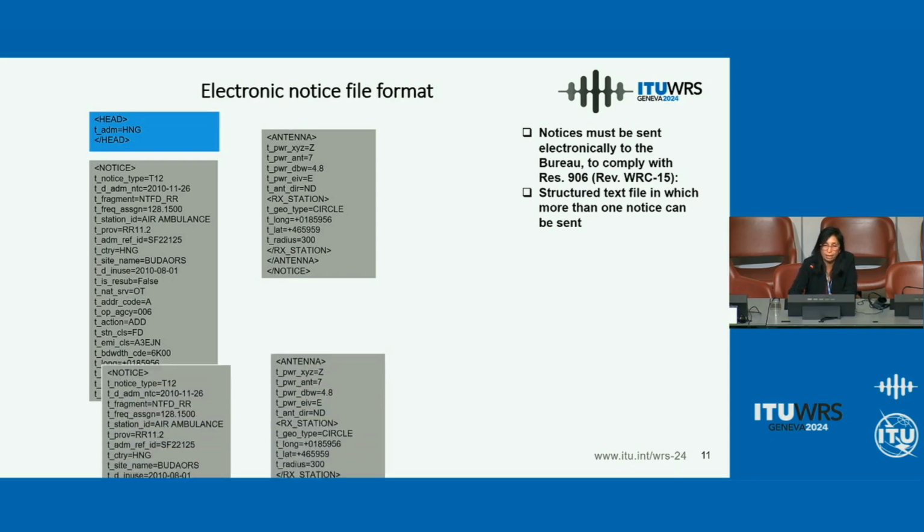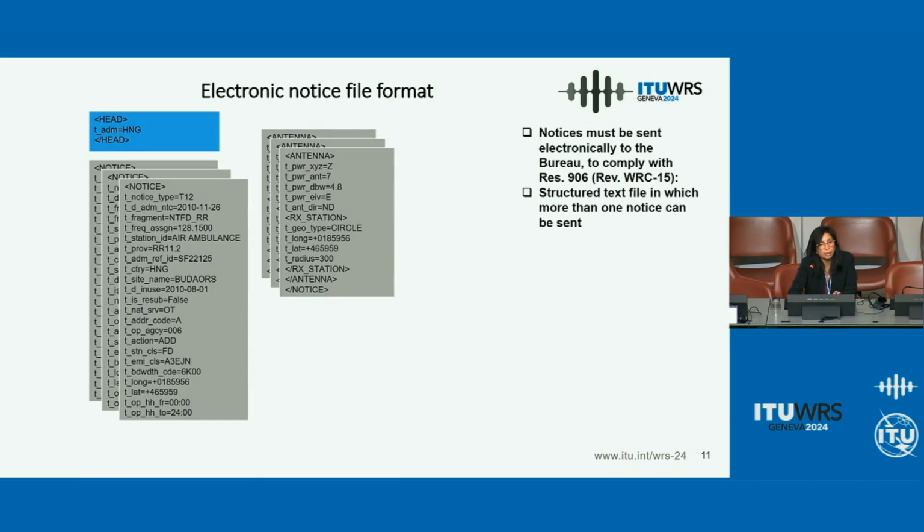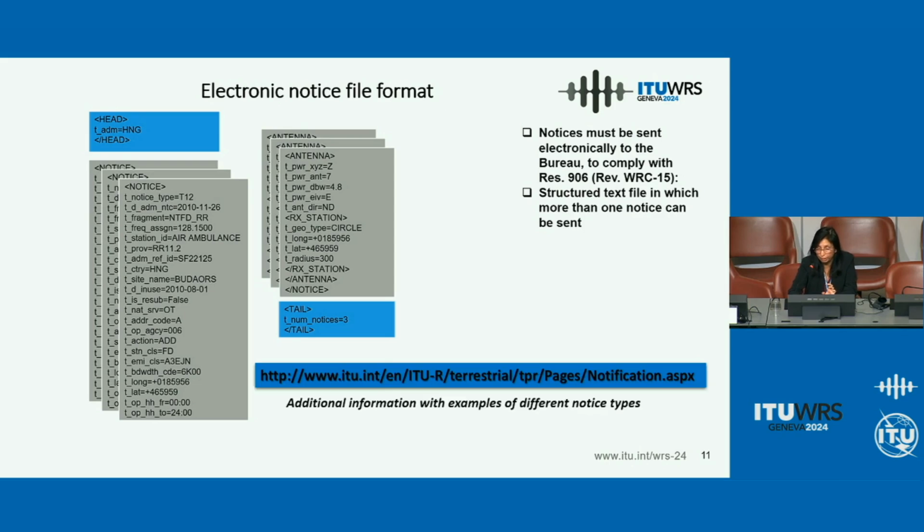You could have as many notice sections as you wish. Within the notice section, you will have technical and administrative data. And it must end with a tail section which indicates the number of notices within the electronic notice file. On our website, you may find additional information and also different examples of notice types.